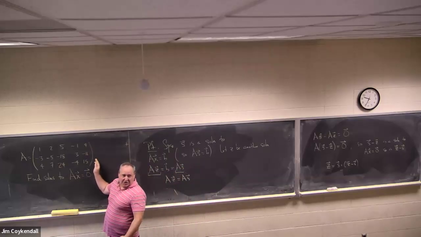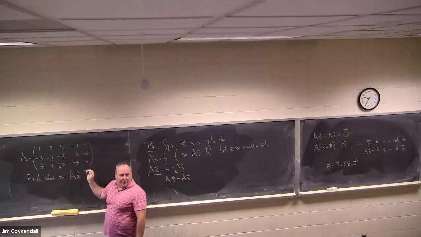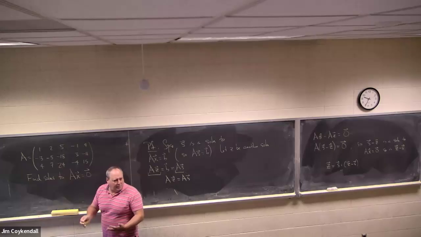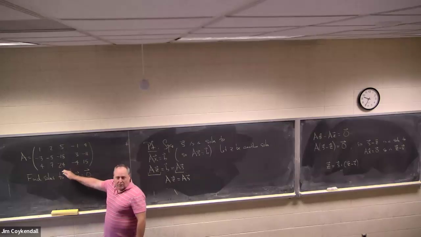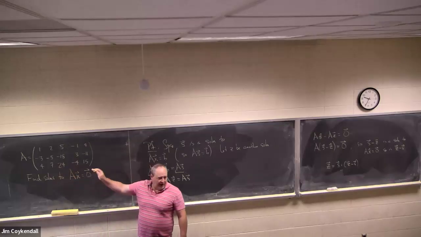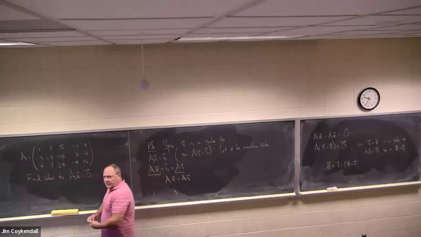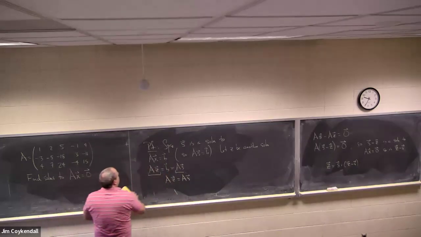I could. But then every time I do these row operations, nothing's going to change in that 0 column, right? And so let's not make it more difficult. I often do the augmented matrix without the dot, dot, dot when it's homogeneous. That's another cool thing about homogeneous: it saves me one column of work, right? So let's break this down.